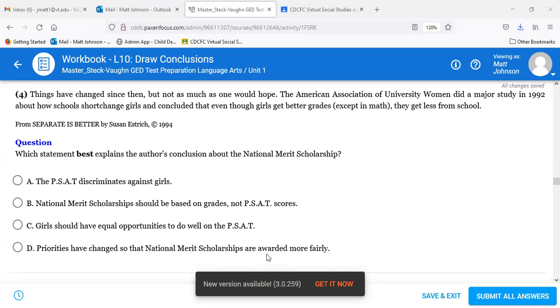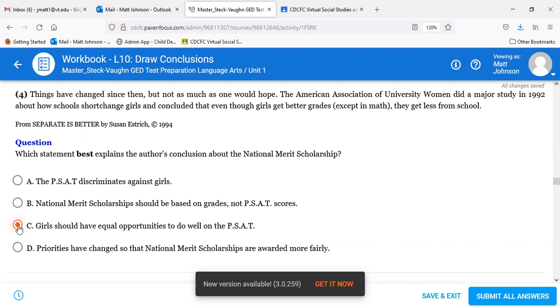So any thoughts there? So C. Yeah. So, if you look, you can infer that she doesn't think that the PSAT is biased, right, or unfair towards girls.